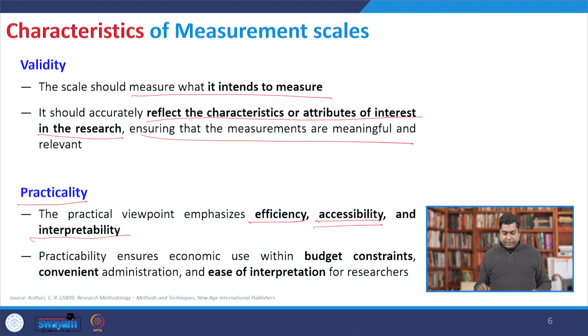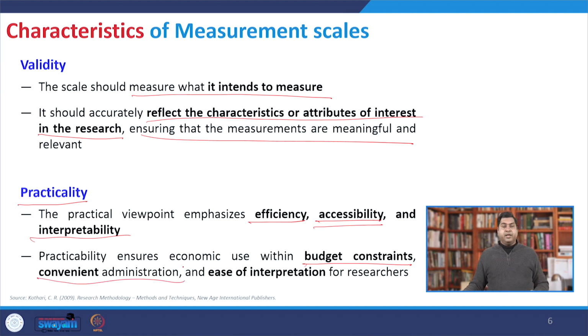And definitely it should have some sort of interpretability, so the interpretation of that particular scale can be maintained. Practicability ensures economic use within the budget constraint. Many a time you have to look into the budget of the research, and accordingly you decide the questionnaire and design the scale, at what scale you are going to measure it.